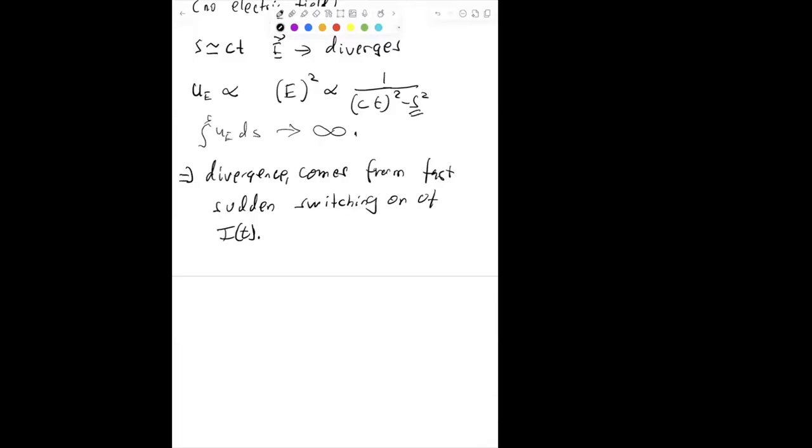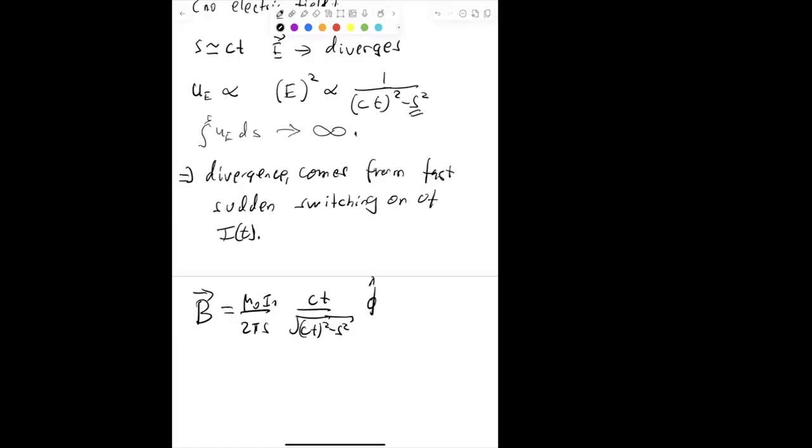What about B? I calculated A, so I can also calculate B by taking the curl. I'm not doing that. Then B is mu0 I0 divided by 2 pi S, times CT over the square root of CT squared minus S squared, in the phi direction.